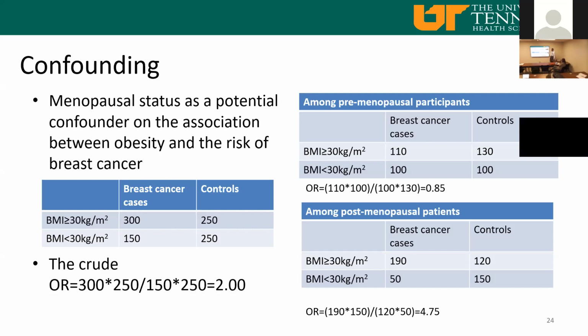So one way to look at whether a given variable is a confounder is to look at the crude association and conduct a stratified analysis and compare the two relative risks or odds ratios. And if they are different based on the level, and as well they are different from the crude one, that's an indicator of confounding.